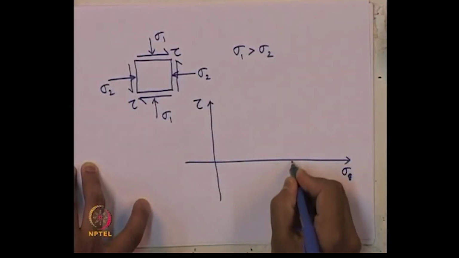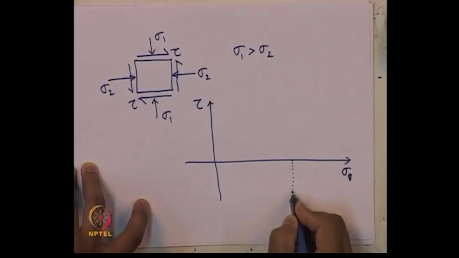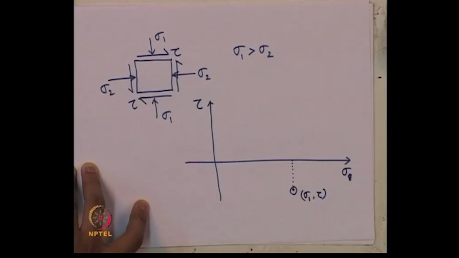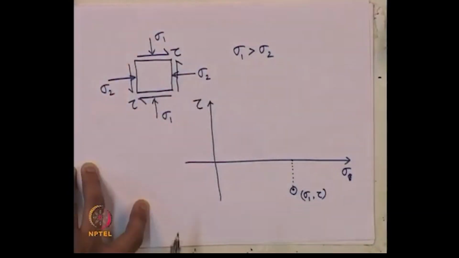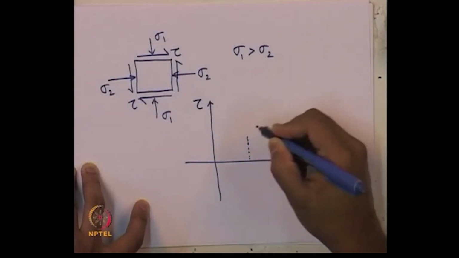So, the point will be sigma 1 up to here, then here. So, this is the point with value sigma 1, tau as per our convention, as I said, and sigma 2, and this tau is creating anti-clockwise moment. So, this will be positive. So, this is our sigma 2.